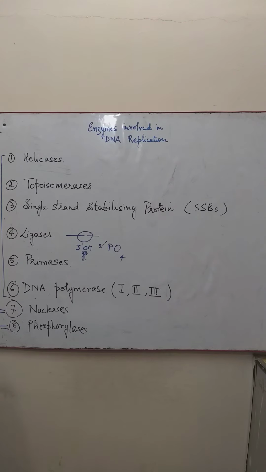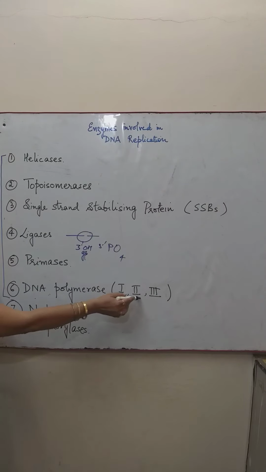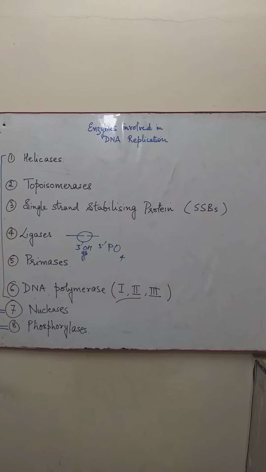Next we have the DNA polymerases 1, 2 and 3. There are 3 classes of DNA polymerase, especially in prokaryotes. 1 and 2 are involved in the repair mechanism, so we are not concerned mainly with them. DNA polymerase 3 is actively involved in the DNA replication process.